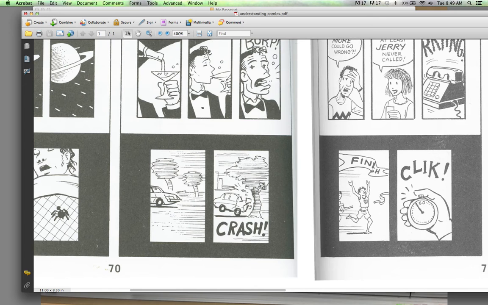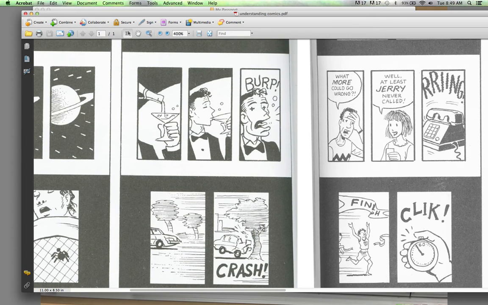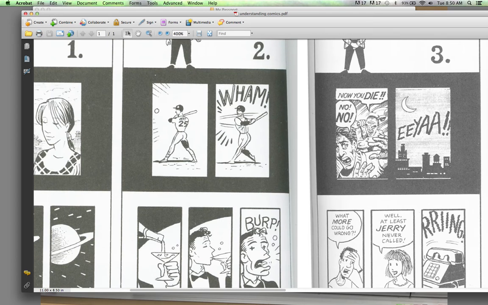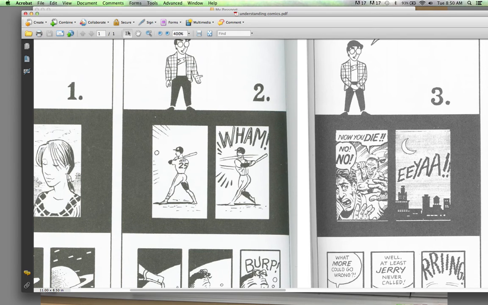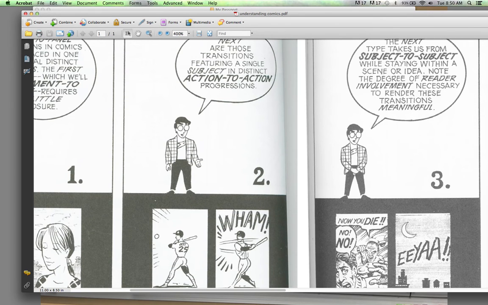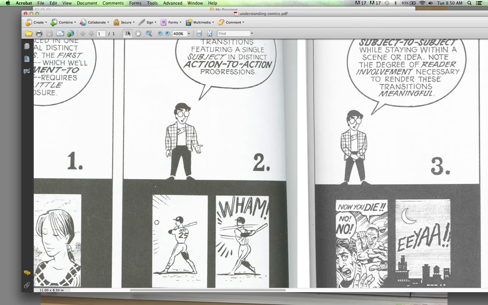So the action here is the crash. The action here is multifold: pouring of a drink, the drinking of the drink, the burp at the end. Here we have a baseball player who's waiting for the baseball, and he gets a hit. So for action to action, we see something actually happening.